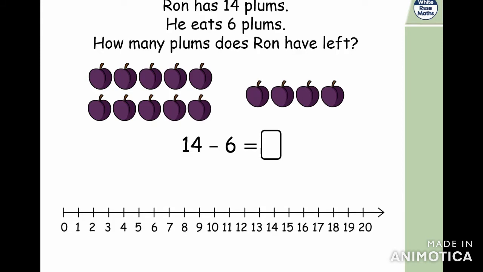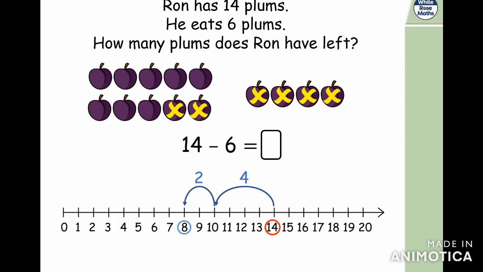Here's Ron with his 14 plums, and we know he eats 6 of them. So let's get to that nearest 10. So I'm starting with 14, and I'm going to get rid of 4 straight away, which gets me to the nearest 10. Then I just have 2 more to eat, because 4 plus 2 makes 6.